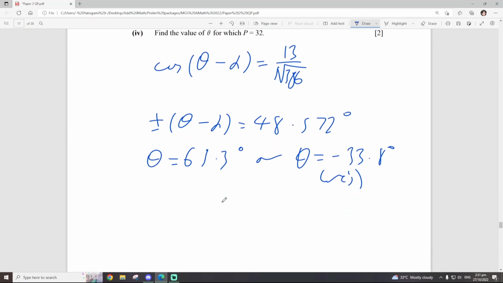So you get theta is just 63.3. So take this as the answer, 63.3.